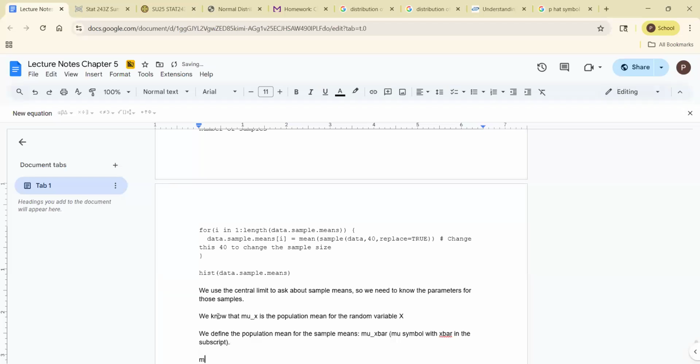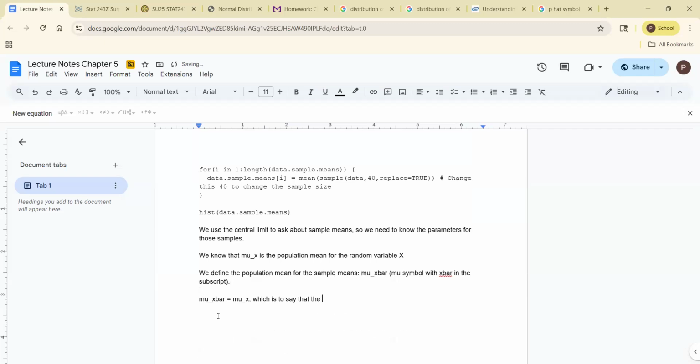And what's really nice is mu sub x bar is the exact same thing as mu sub x. Which is to say that the best guess for a sample mean is the same as the best guess for any given observation. Let's take a look.